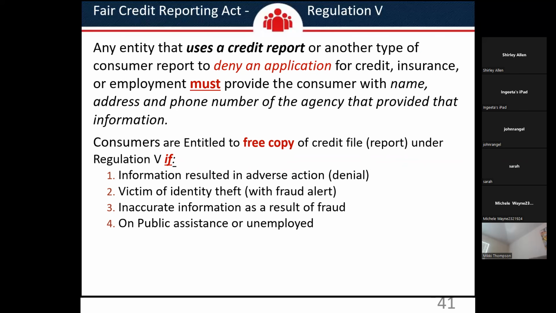Remember, we talked about those items that count as public assistance: Social Security, pension, alimony, things of that nature. But also if a person is unemployed and that's some information on their credit report, then they could be entitled to a free copy based on the FCRA law, Fair Credit Reporting Act.